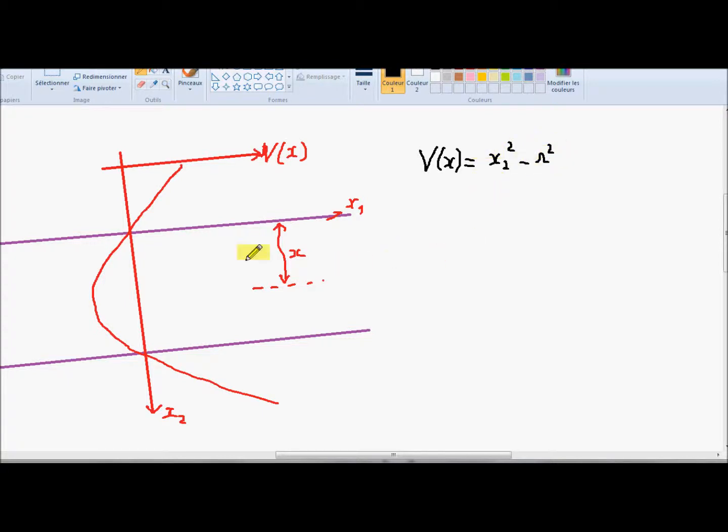So it means that when I am here, v of x equals 0, here also v of x equals 0, here v of x equals minus r2, here x2 equals 0. V of x is negative inside the corridor, and v of x is positive outside the corridor.